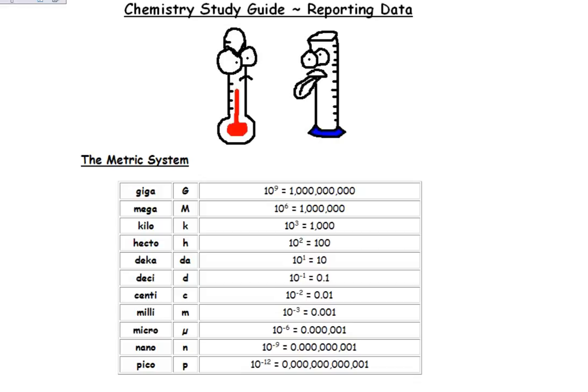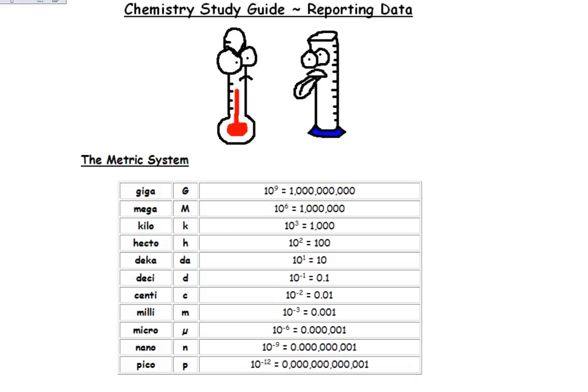Now, unfortunately, a lot of what we measure in the United States is still based on English measurements. We still use a lot of gallons and pints and quarts, feet and inches and miles. But a lot of our measurements in the chemistry lab will be metric, so we do need to review the metric system. The metric system is not supposed to be difficult, but for some reason people kind of suck at it.